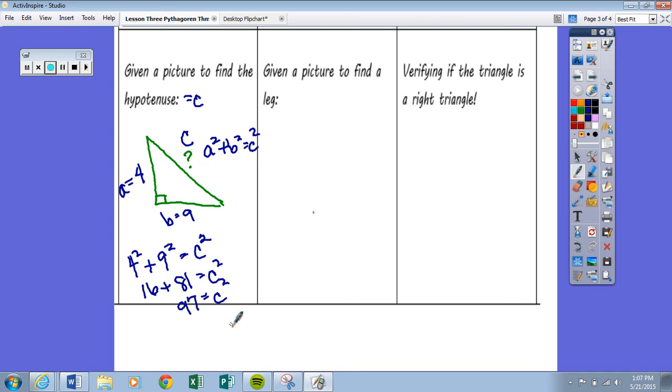You may remember from last week, we had a few problems where I would have a number equals x squared. Now it's a number equals c squared. It's the same idea. If you want to get the variable by itself and you need to get rid of the squared, just take the square root of both sides. So c equals the square root of 97.